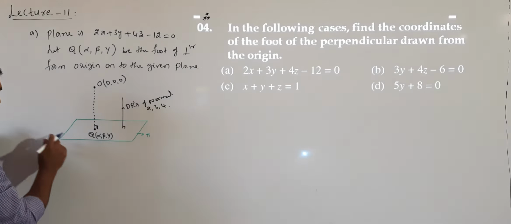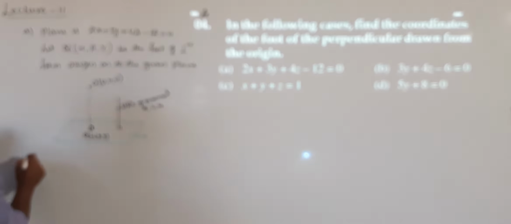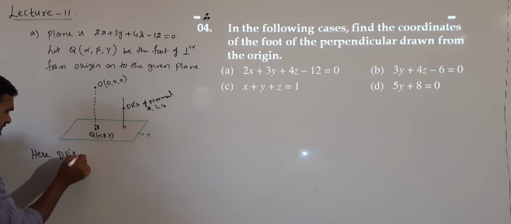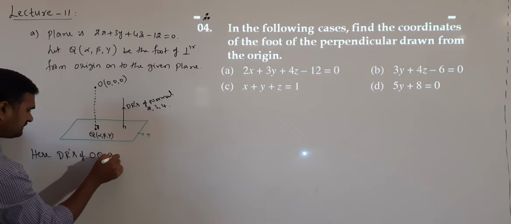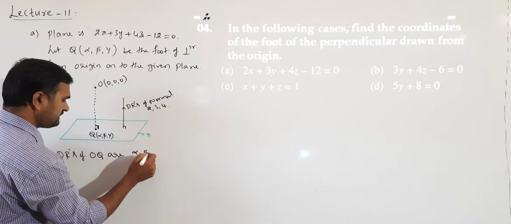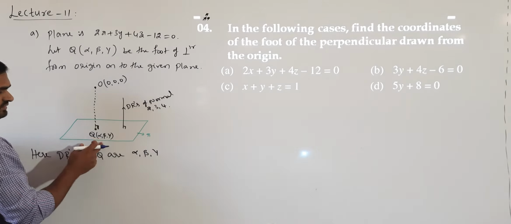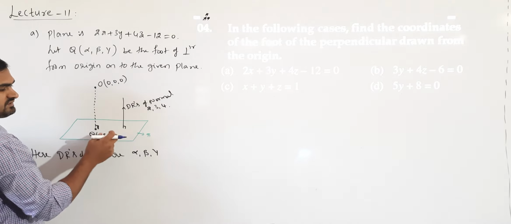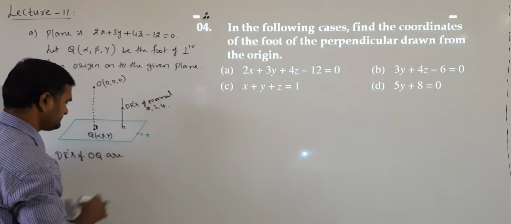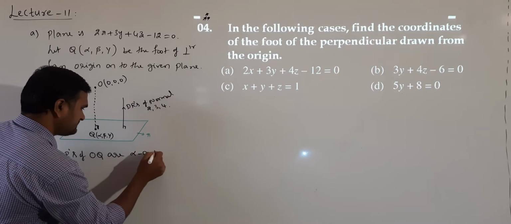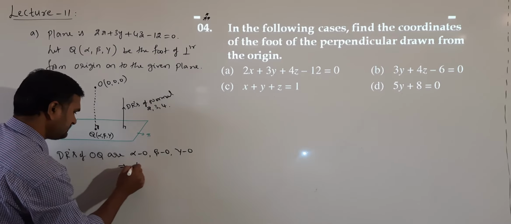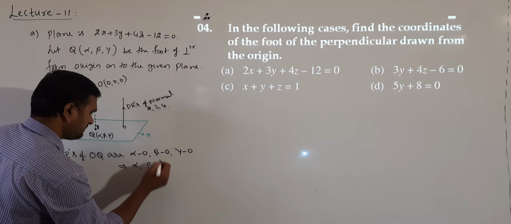So here, what are the drs of OQ? Alpha, beta, gamma: x2 minus x1, y2 minus y1, z2 minus z1. If you want, you can take alpha minus 0, beta minus 0, gamma minus 0, that is alpha, beta, gamma.